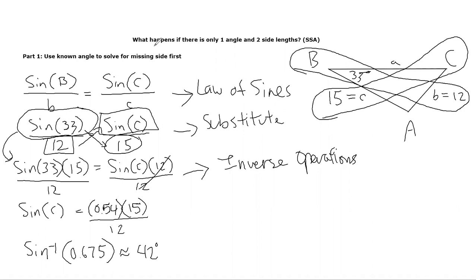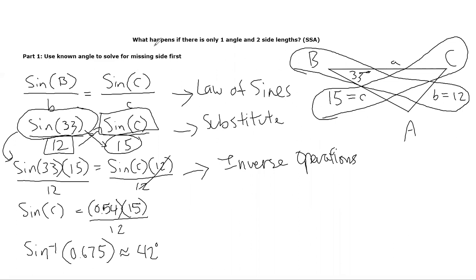At this point you have sine of C is equal to, and we have a fraction: 0.54 times 15 divided by 12. Yes, I can solve for that, but if I do things the way I normally did in the last problem, I'm going to end up with something like 7.5 or whatever it is divided by 12.